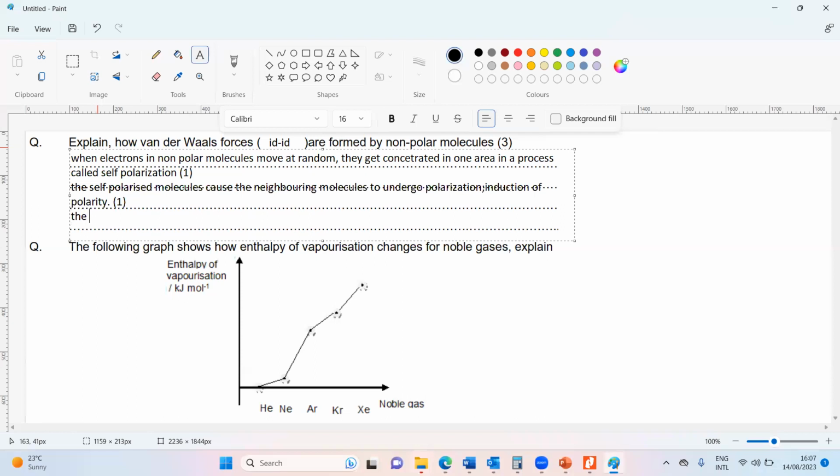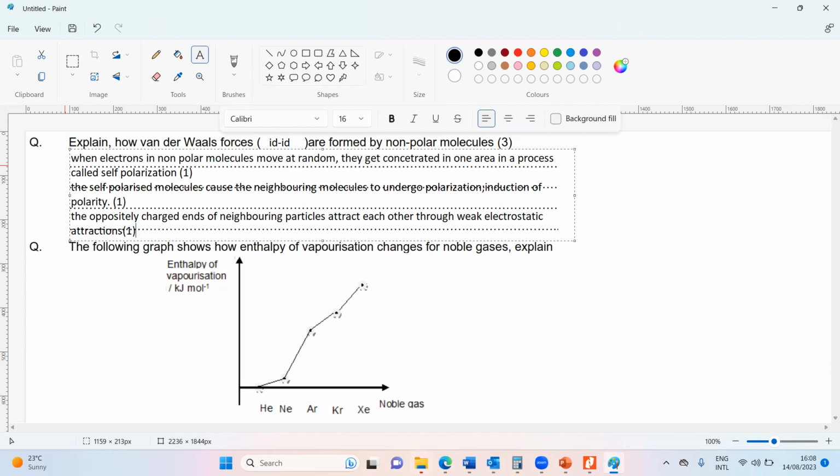And the next one: the oppositely charged ends of neighboring molecules or particles attract each other through weak electrostatic attractions.